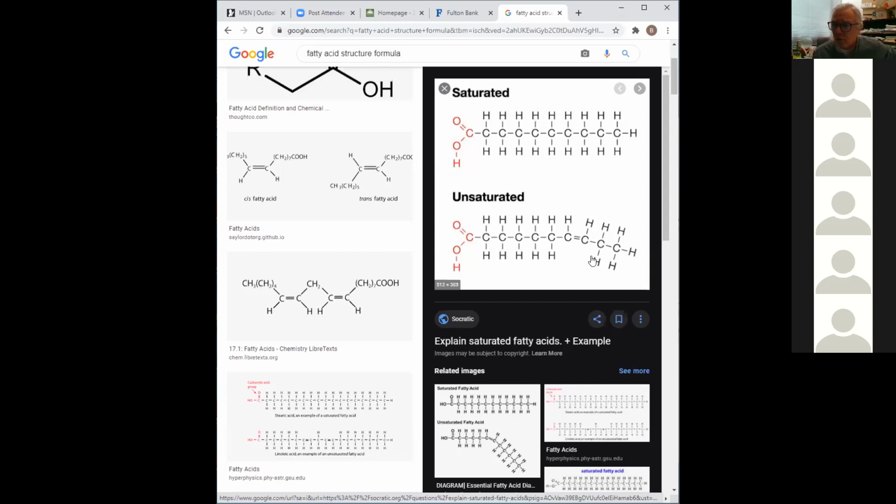But there's something called trans fat. Now, this unsaturated fatty acid, this is called a cis formation for this double bond. There's a different way to make a double bond called a trans formation. And that is, this kink is straightened. So it looks like this, even though it has a double bond. And this is done in the lab.